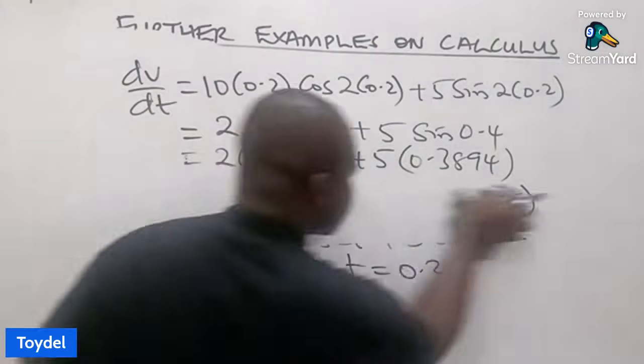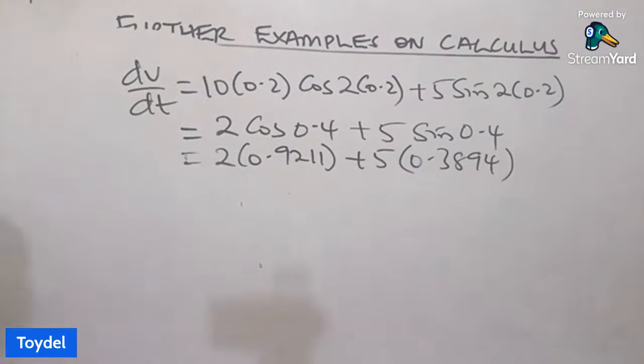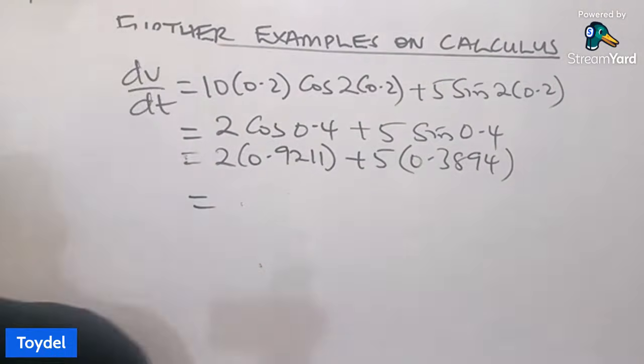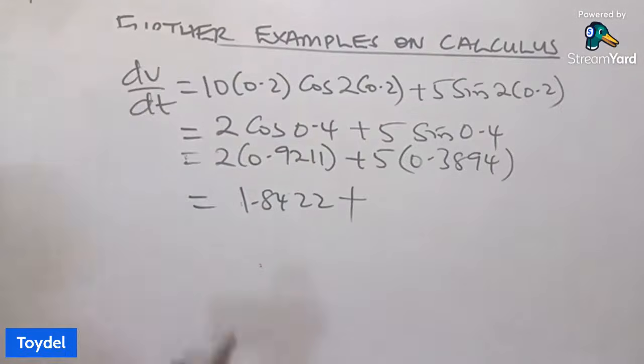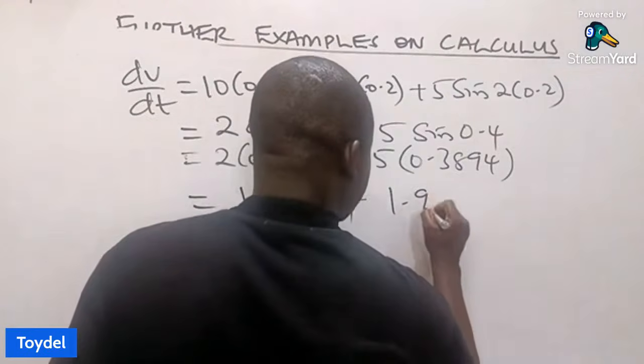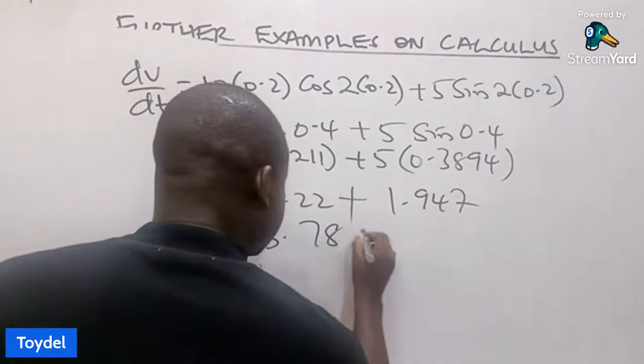Then we do the multiplication. So 2 multiplied by 0.9211 is going to give us 1.8422, plus 5 multiplied by 0.3894 will give us 1.947. So if we add these two together, we are going to have 3.789.